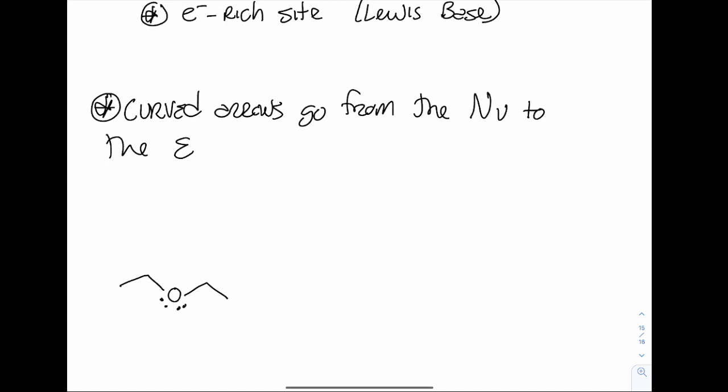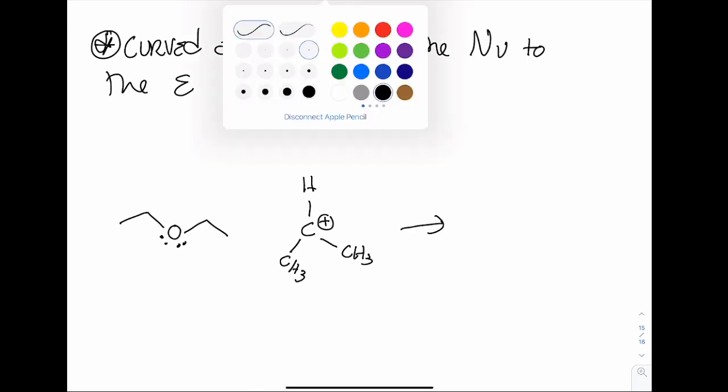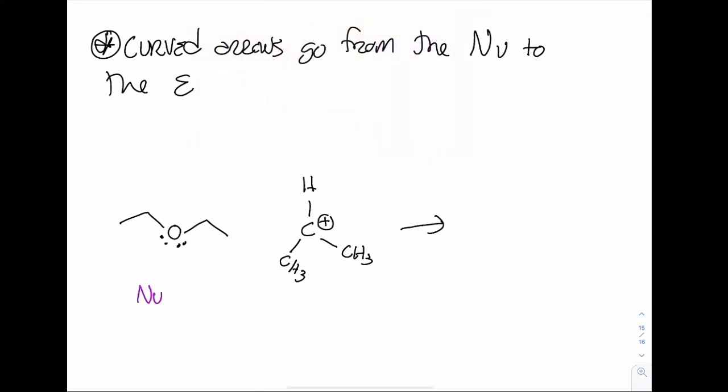So I got this guy, and then this one, and this is going to be my nucleophile. It has my lone pair. This is my electrophile. That carbon in the center with the positive charge is not octet, so it is electron poor.